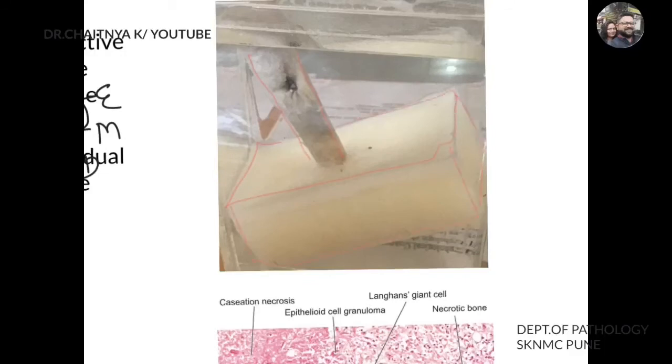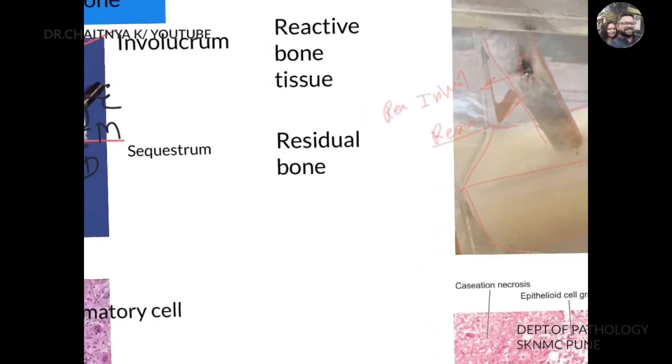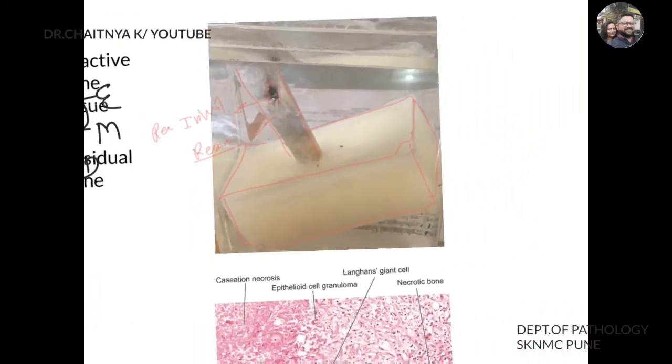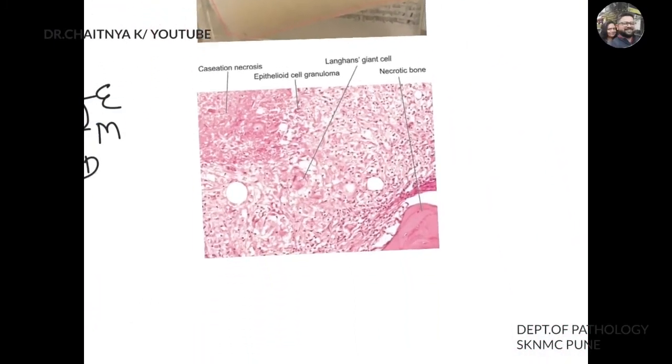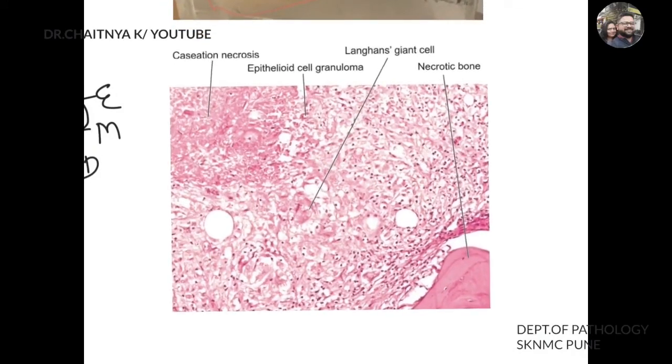This is the picture of bone showing a sinus-like lesion. Here you can see the tuberculous infection, and it has the involucrum, which is the reactive bone, and the residual dead bone, also called the sequestrum. This is the gross picture, and we don't have the microscopic picture, but we have another slide of tuberculosis.